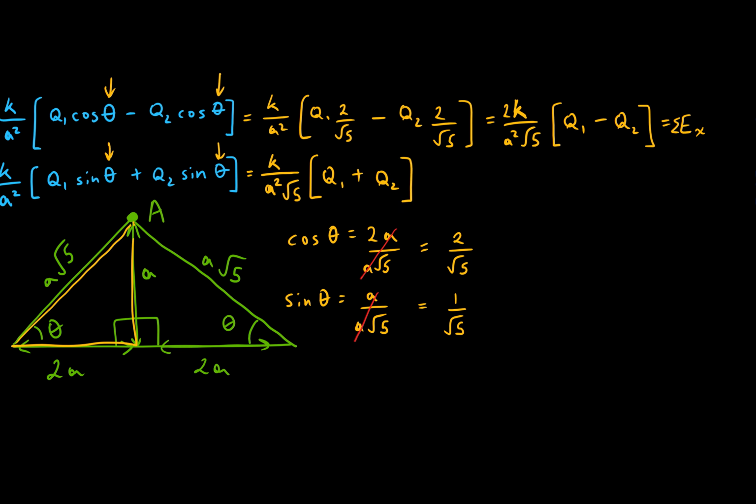Here you're going to plug in the magnitude of those charges in here. So now we see this is the sum of the electric fields in the y direction. Alright, so we have a lot of stuff in here that is in common. So let's go ahead and try to simplify our entire vector now.